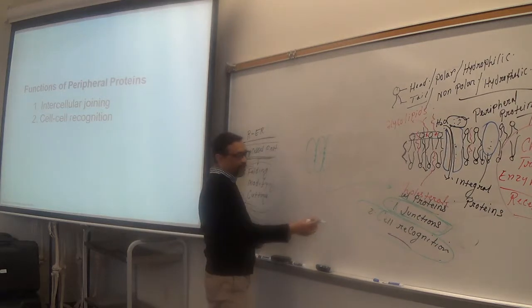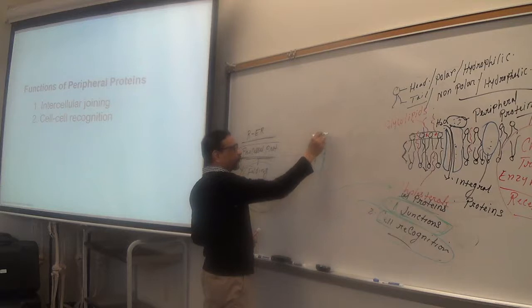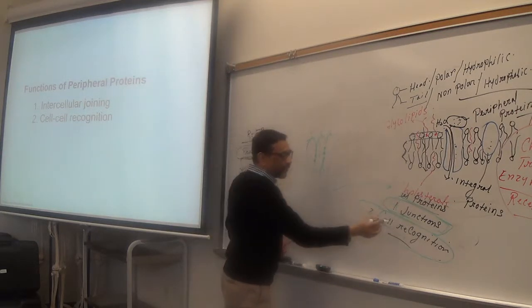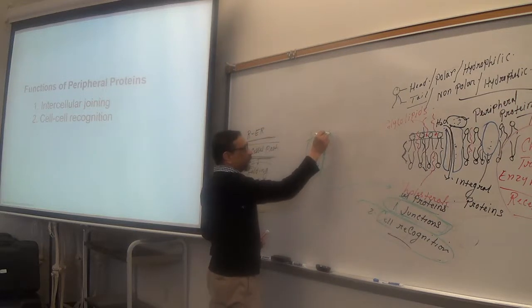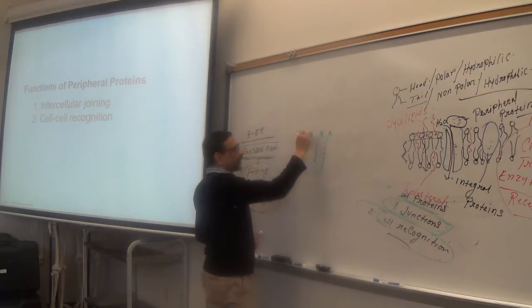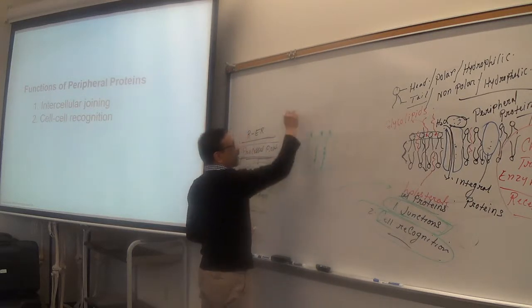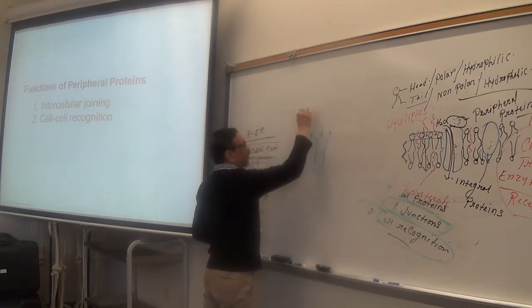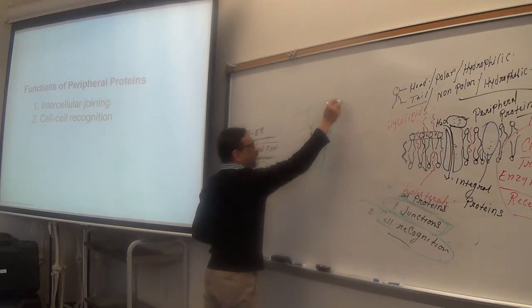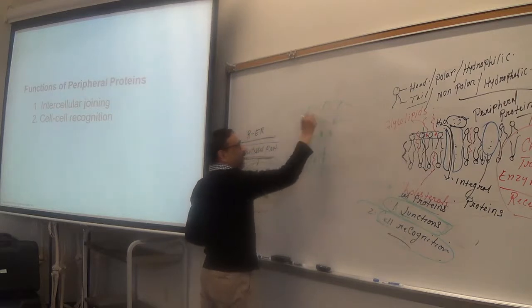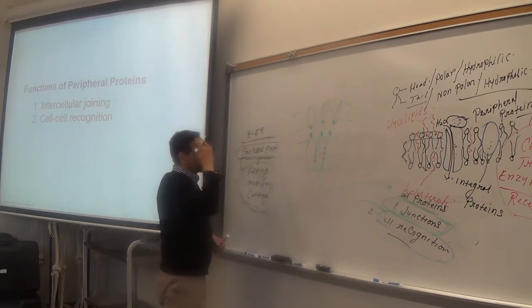And another is cell-to-cell recognition. These are the peripheral proteins on the cell membrane. So just think this is one cell membrane. This is another cell membrane. And these are peripheral proteins on another type of cell membrane.